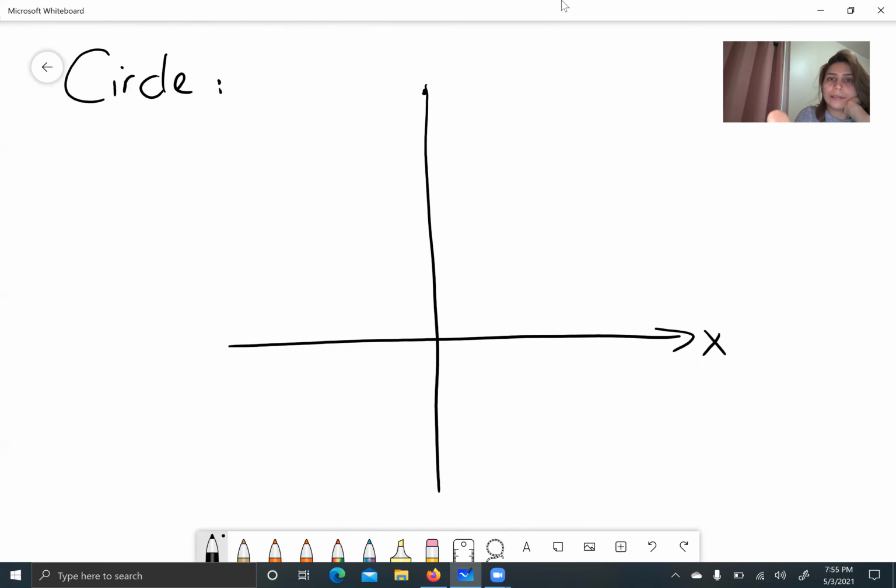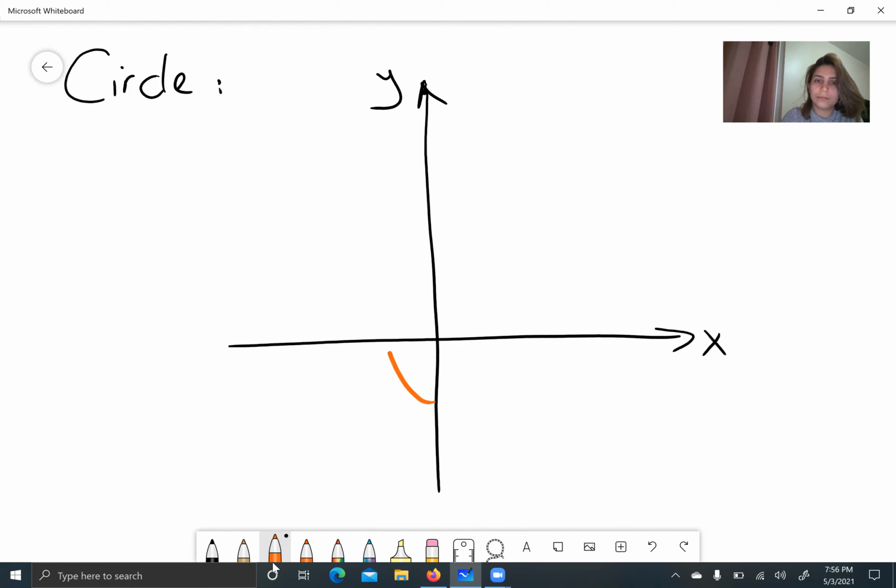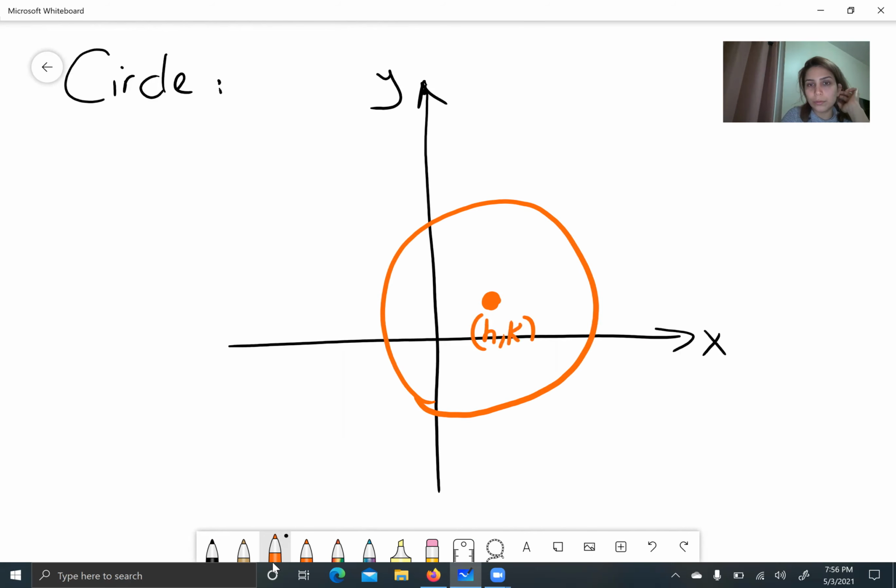So suppose this is the plane, this is the coordinate system, and then you have a circle like this, right? What is a circle? There is a center, whatever this center is. Suppose it has the coordinates H and K. H is the X value, K is the Y value, right?